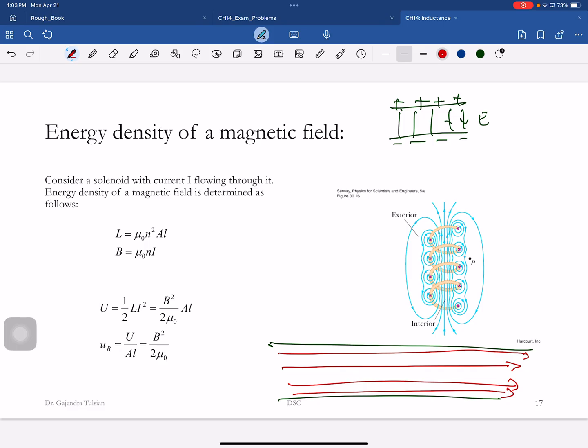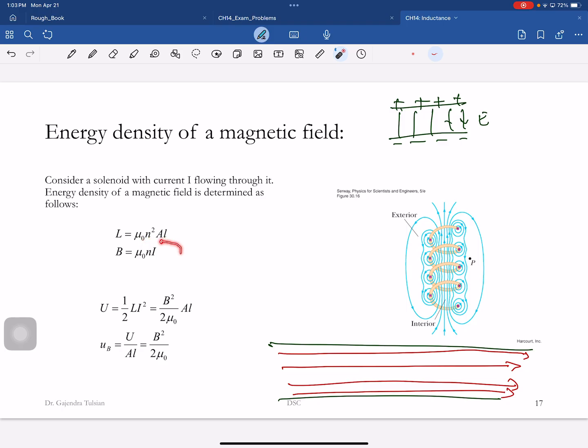And what we're going to show you is the energy stored per unit volume in this magnetic field. So here is the energy stored in an inductor. The magnetic field inside the solenoid is given by mu naught N I, where N is the number of turns per unit length and I is the current. And here is the inductance for a coil, mu naught N squared A L.